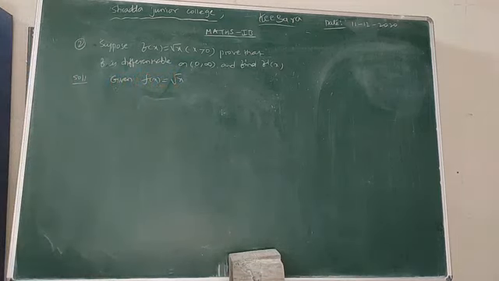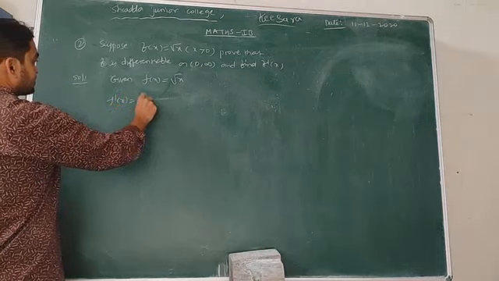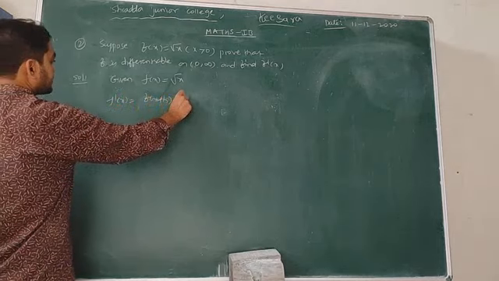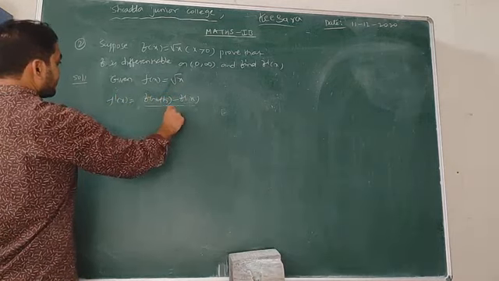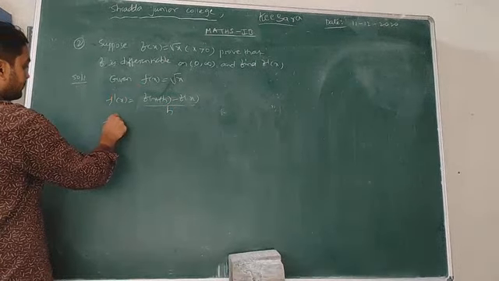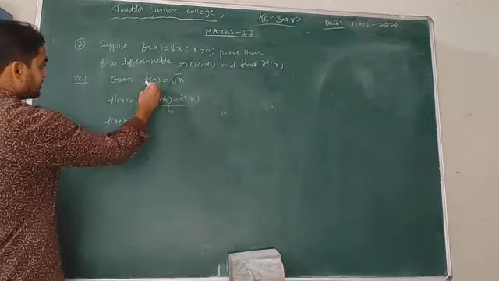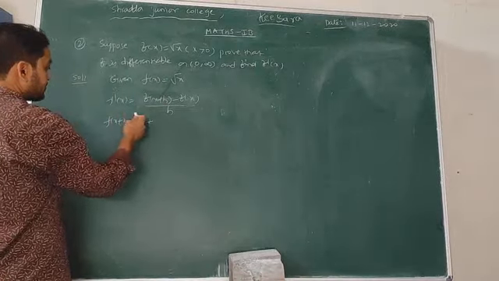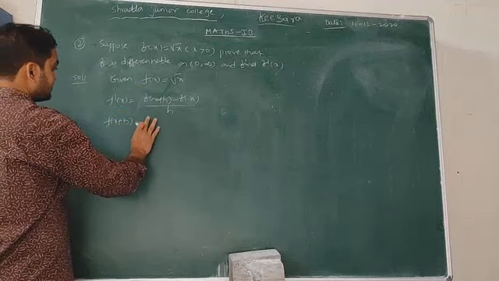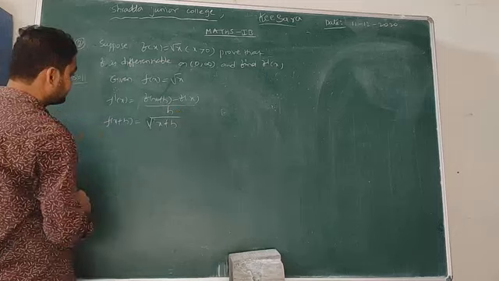What is given here? f of x equals root x is given. So we have to find f dash of x, meaning f of x plus h minus f of x by h. So first we have to find the value of f of x plus h. Now we substitute in place of x, x plus h, meaning root of x plus h.